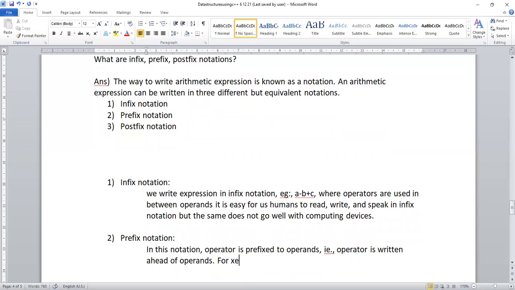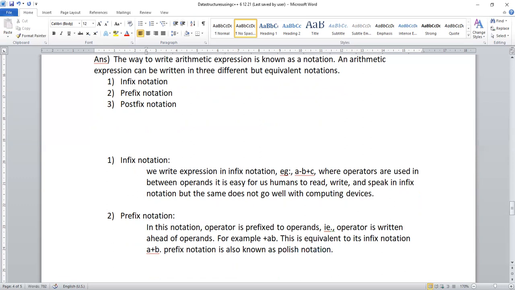For example, plus AB. Okay, so this is equivalent to its infix notation A plus B. Prefix notation is also known as Polish notation.